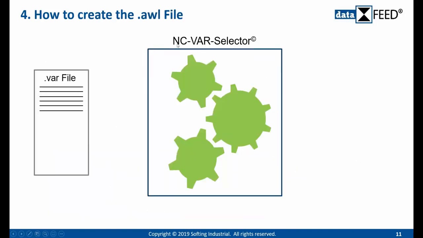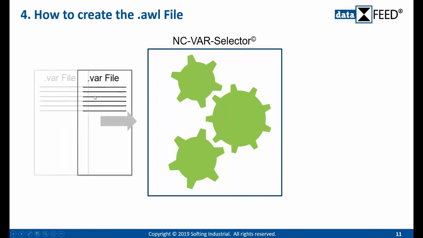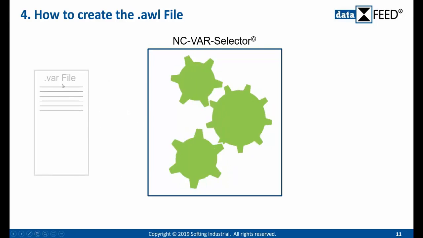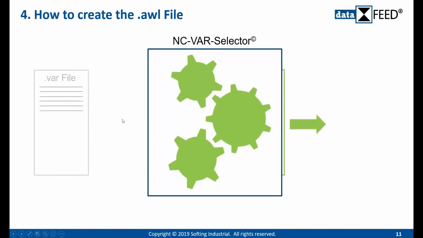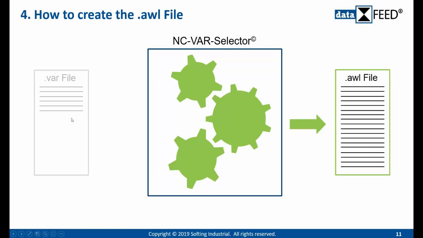So I just want to show you the NCR Selector. It's a tool which does not come from Softing, it comes from Siemens. So if you want that tool, please ask Siemens how to get it. What it does is you can import a so-called .var file, and this comes with the pre-configured files. You can download it from our webpage, and then you can, for example, add more variables.